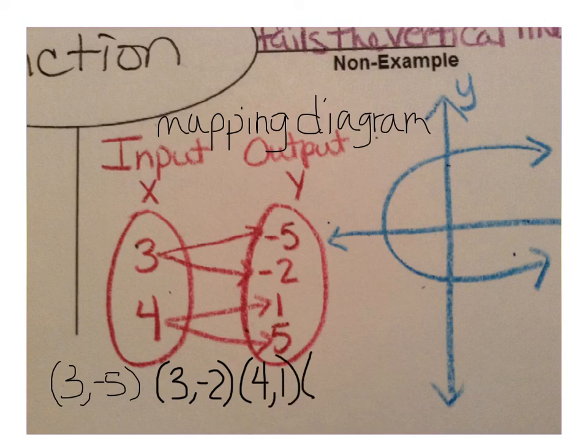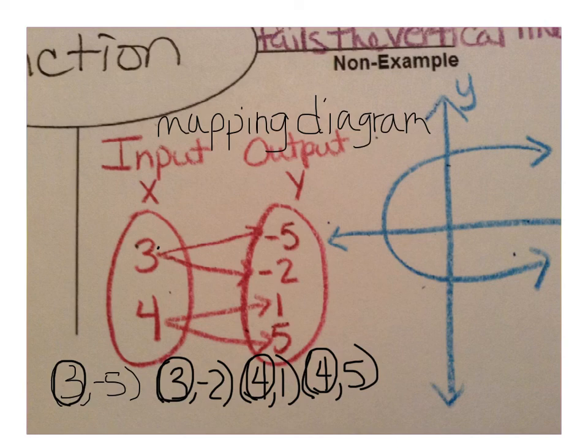And another ordered pair is 4, 5. Do you see how I got those? I matched one X with the Y that the arrow went to. So now when I look at this, I look at my X values. Do any of my X values repeat? Yes, they do. There are 2 3s and 2 4s. Therefore, this is not a function.